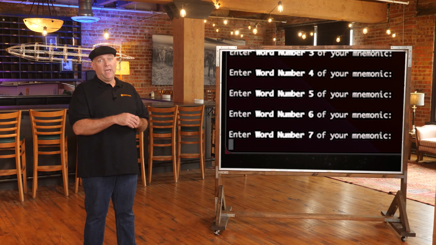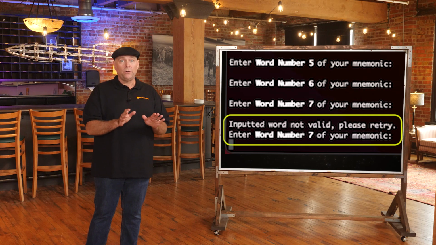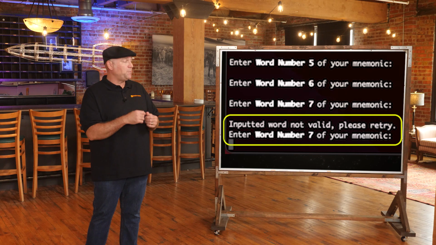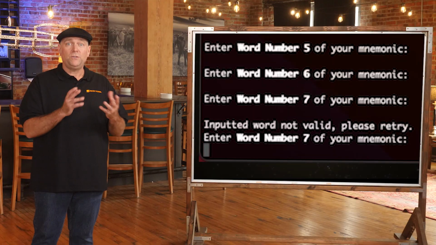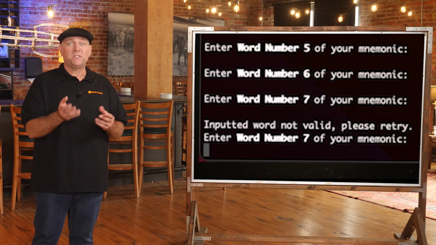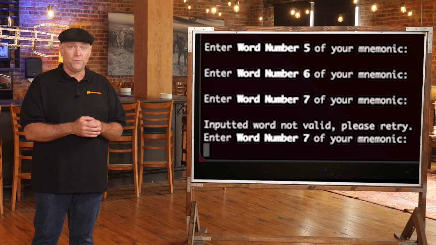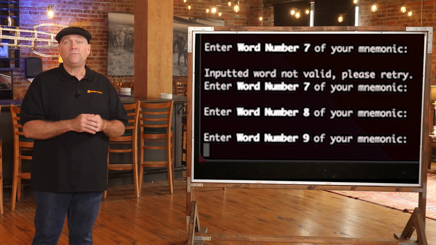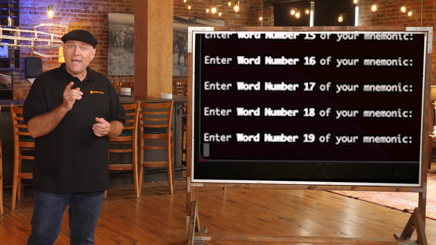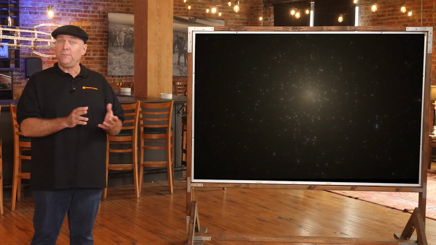Check this out. If you mistype a word, don't worry, you'll get told to retry. As you can see right here, look what happened to word number 7. The good news is there's only so many words in the encryption that can be used. If it's misspelled, it will trigger a redo. There are only 2,048 possible words that can be used, so that's good. But the bad news is some of them are very similar.